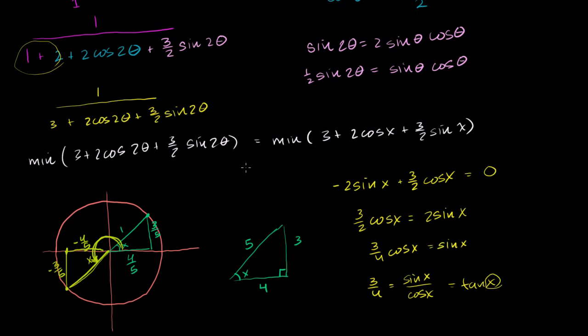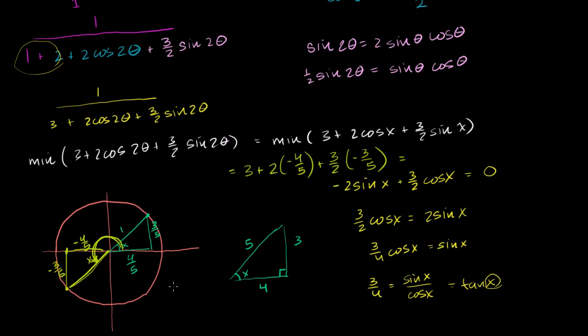So the minimum is going to be equal to 3 plus 2 times cosine of x. We're using this one over here. Cosine of x here is negative 4/5. And then plus 3/2 times the sine of x. Sine of x here is negative 3/5.